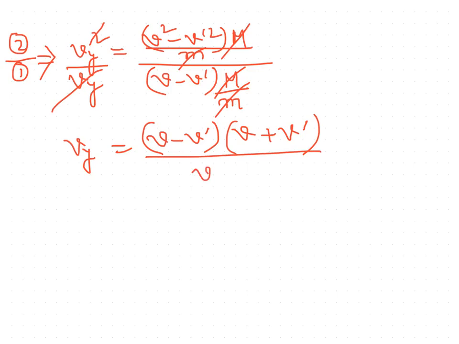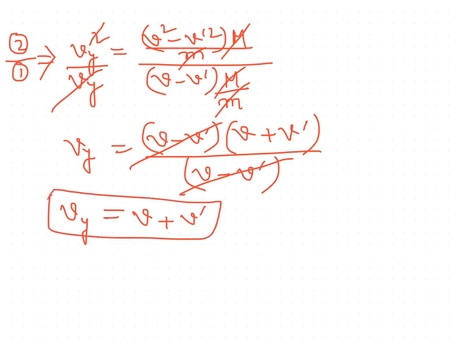These two cancel out and we are left with v plus v prime. So Vy is equal to v plus v prime.